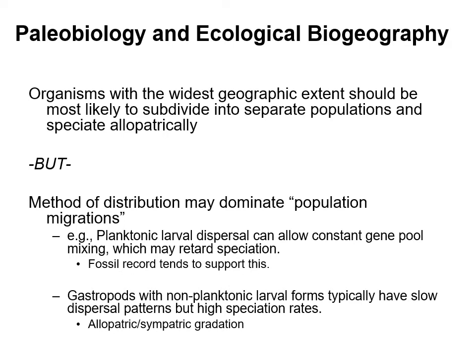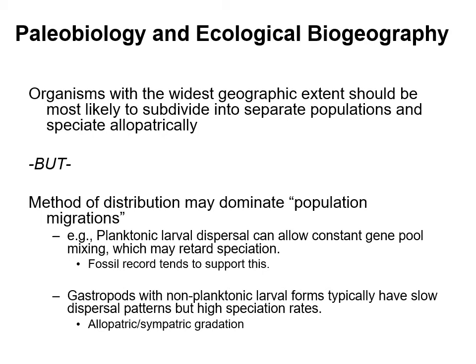So allopatric speciation is a form of speciation where one organism branches into two because they've been physically separated. So you have one main population, and there's some kind of physical barrier that causes that population to split in two, and they ultimately evolve in different ways. Okay, so we would think that if you have a wide geographic spread, that's going to be more likely.